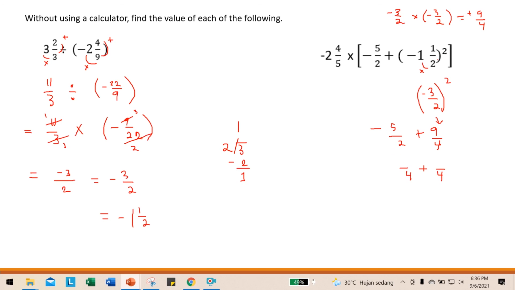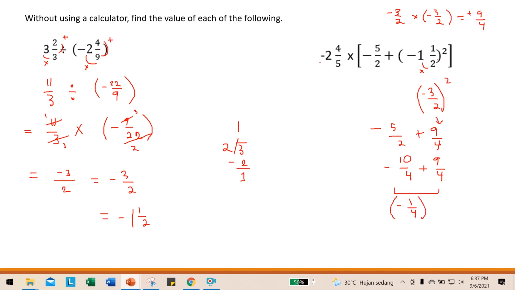Do the same to the top number. So negative 5 times 2 equals negative 10 out of 4 plus 9 out of 4. So the answer here is negative 1 out of 4.